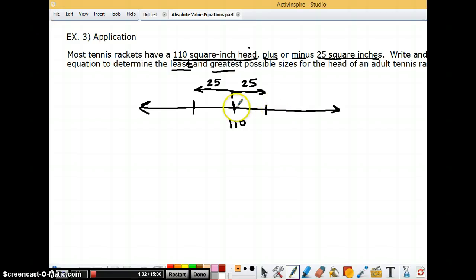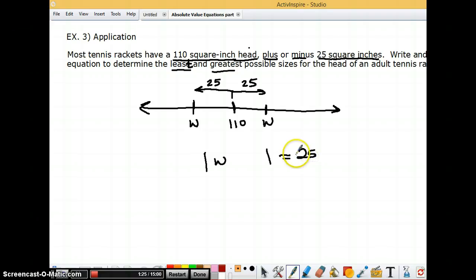So if we call each of these W, there are unknowns. We don't know what they are. Okay, so the absolute value of W, and this has to end up equaling 25.